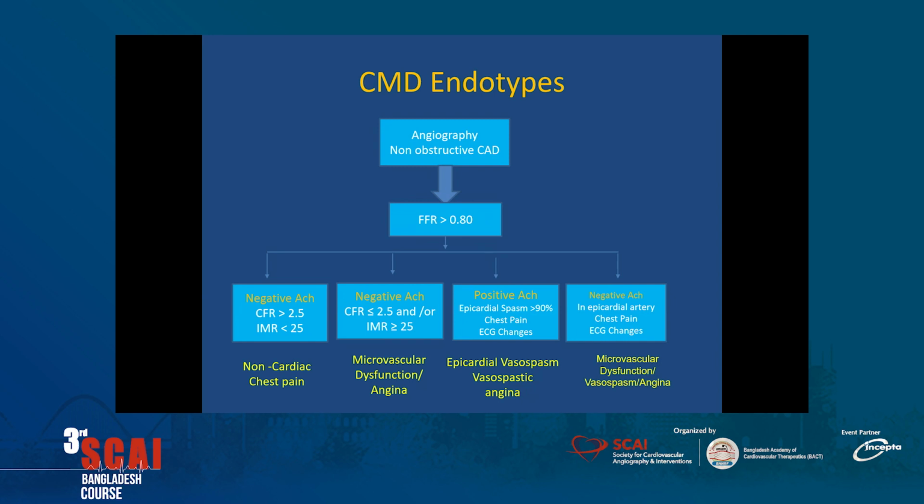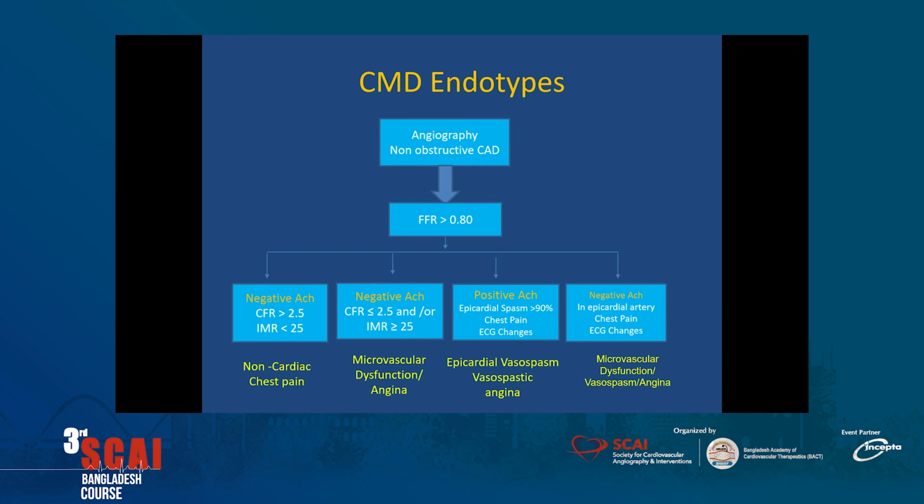On the other hand, if you have a positive acetylcholine challenge test, whether CFR and IMR are normal or abnormal, we call it epicardial vasospasm or vasospastic angina. And on the very extreme on the right-hand side, there is no epicardial vasospasm and no abnormality of the CFR or IMR.